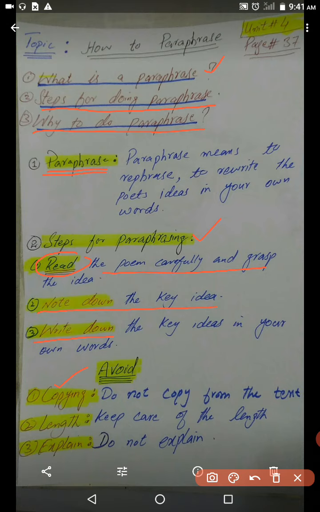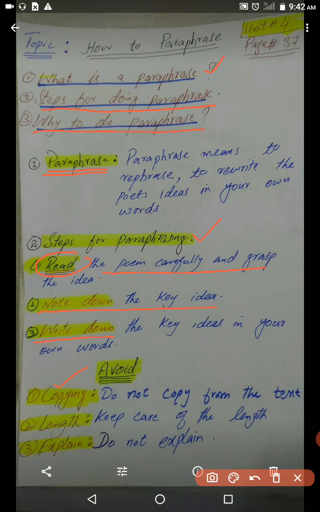You are not supposed to copy. You have to grab the idea from each and every sentence, reading each and every stanza of the poem several times, and then without copying the original words, the original sentence structure, the original language of the poem, you have to write it in your words.